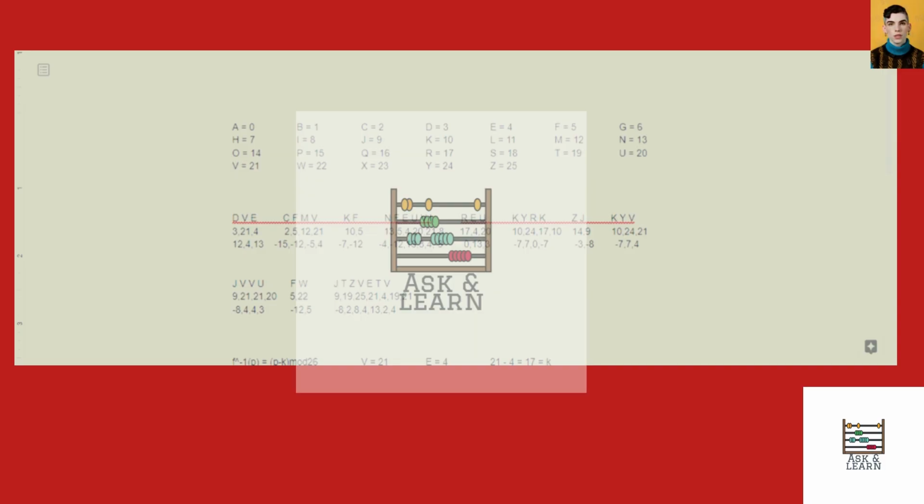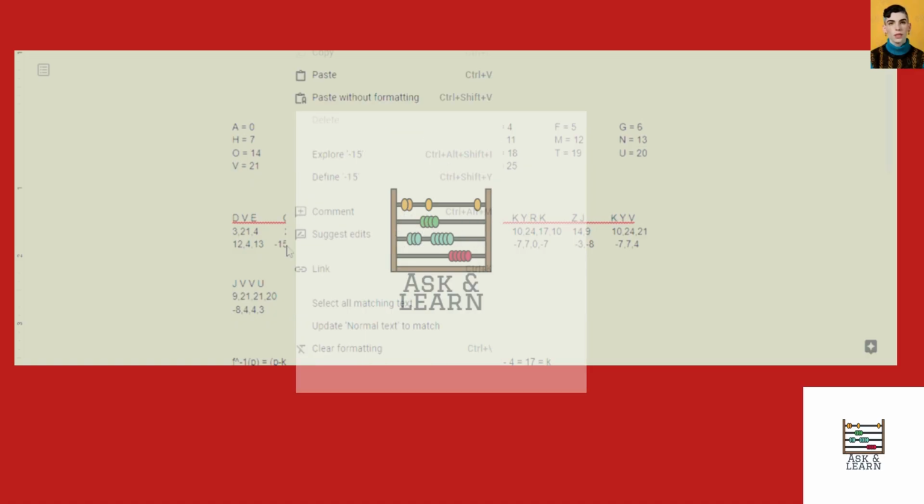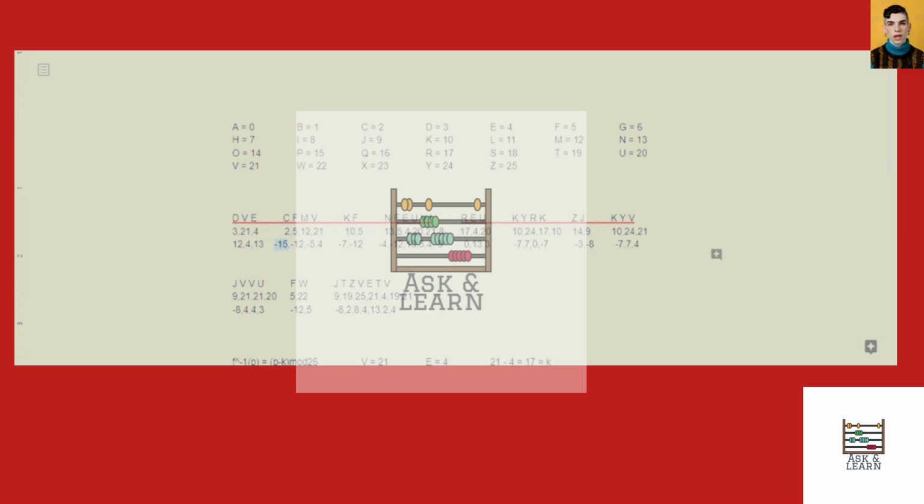And then negative 15 will become 11. Negative 12 becomes 14. Negative 5 becomes 21. And then negative 7 becomes 19.